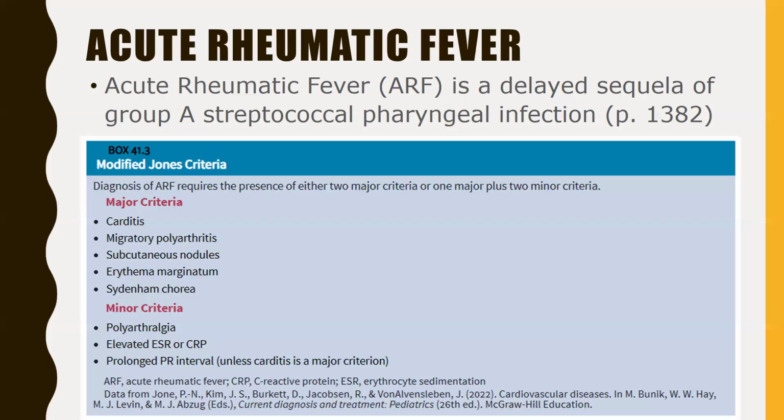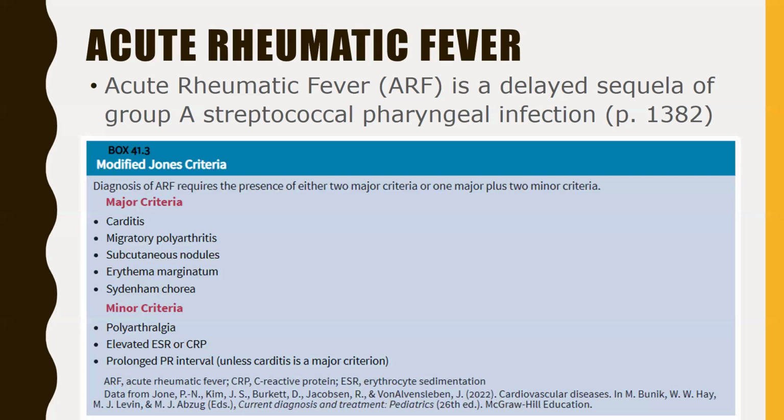Most episodes of acute rheumatic fever will resolve, but it may recur with subsequent streptococcal infections. So diagnosis of ARF is based on the modified Jones criteria, and you're going to want to know this.